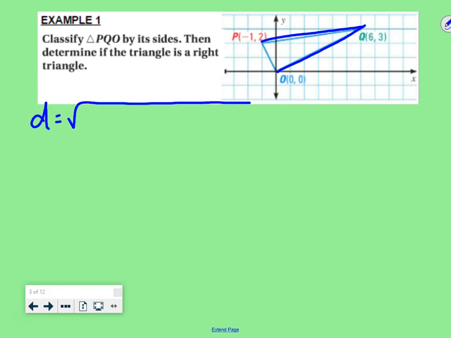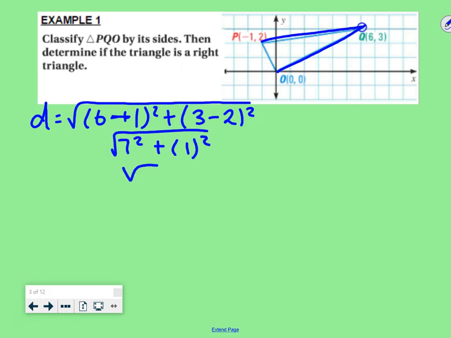So the distance between P and Q would be the square root of x2 minus x1 squared plus y2 minus y1 squared. 6 minus negative 1 is going to be 6 plus 1, so 7 squared plus 1 squared. That would be the square root of 50.